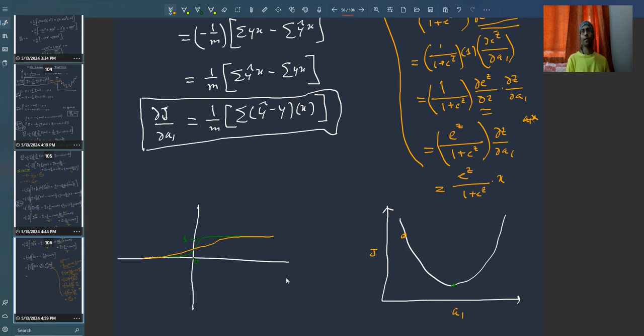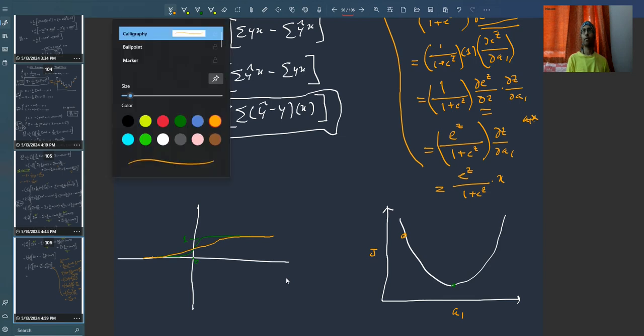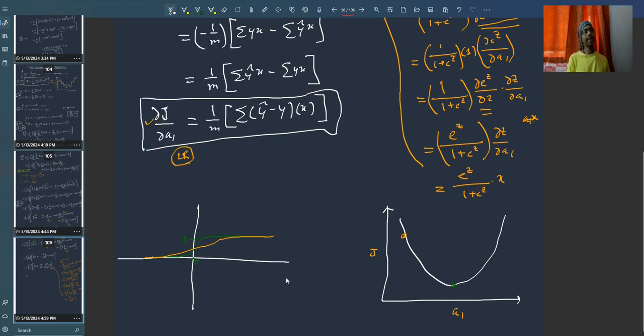Now what we do is, we use the learning rate and change the A1. Change the A1 means change it just like we did previously in our linear regression. A1 is equal to A1 minus learning rate into del J del A1.